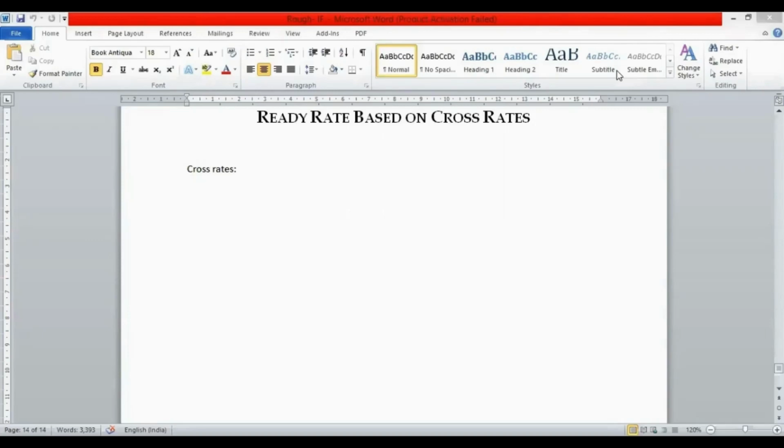In the last few lectures, we have discussed the conversion of USD into Indian rupee and Indian rupee into USD. But along with USD, there are other foreign currencies also which are popular, have high value and are accepted in the market.